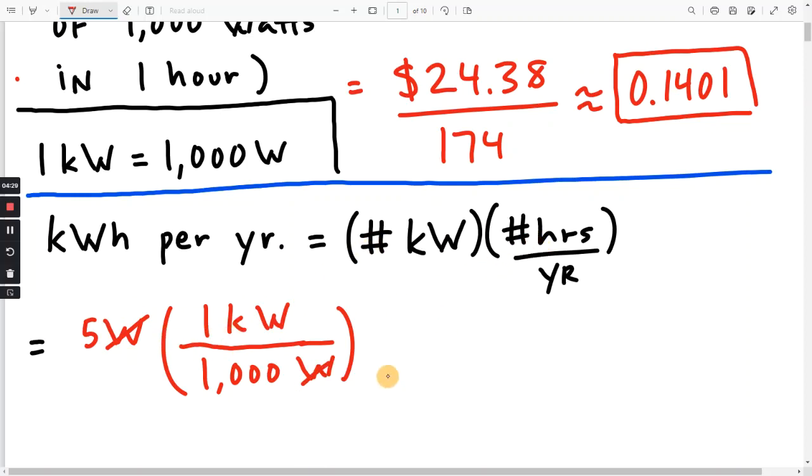We need the number of hours in a year. First, we know that we have 365, and I'll even account for leap year, 365.25 days in a year. So that's days per year.